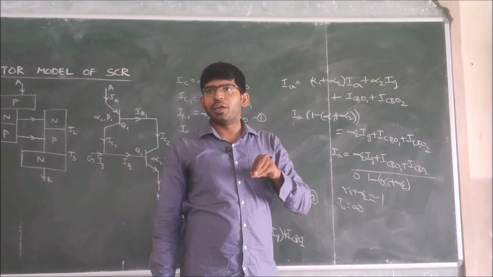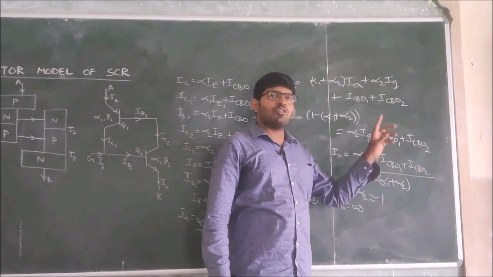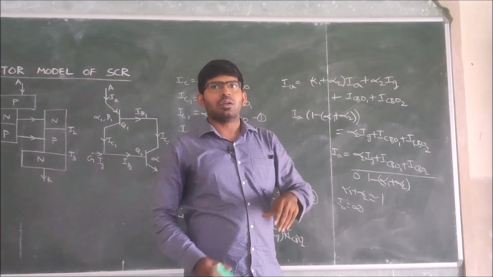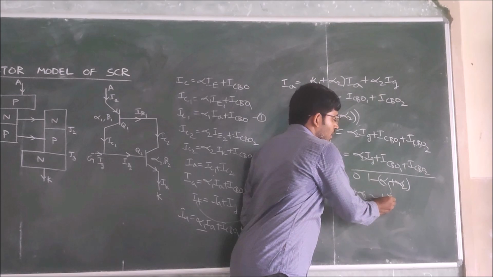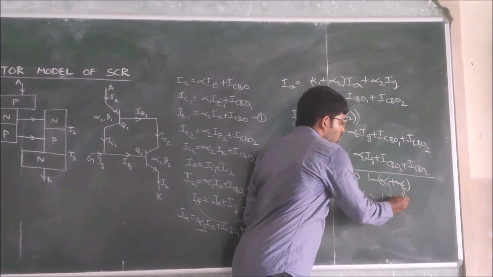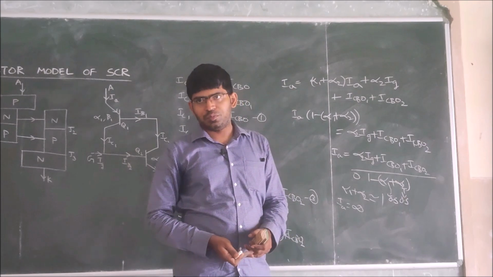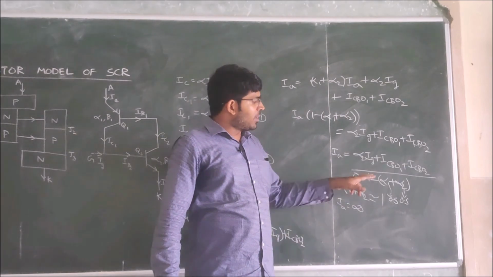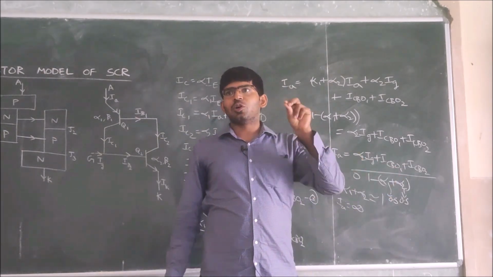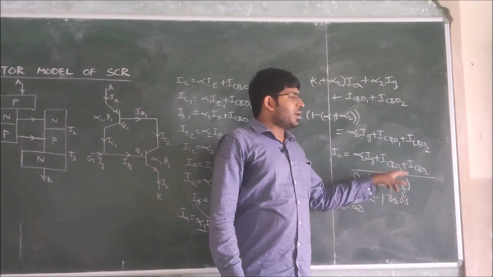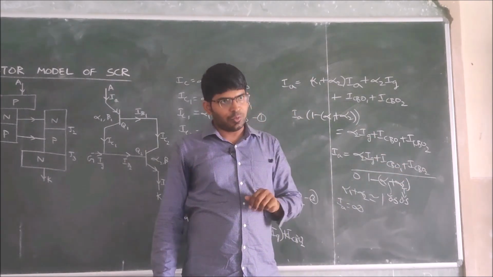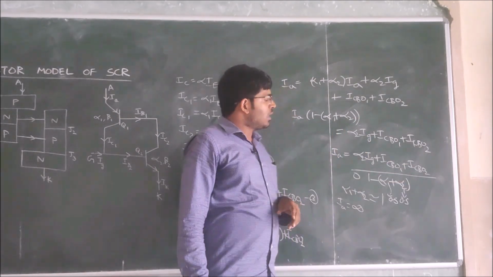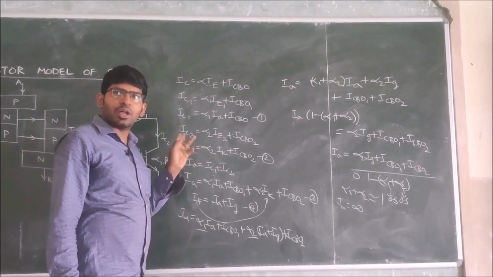So we make sure that the alpha 1 and alpha 2 values add up to nearly 1. So we maintain alpha 1 less than 0.5 and alpha 2 less than 0.5. Generally alpha ranges from 0 to 1, but we maintain alpha 1 nearly 0.5 and alpha 2 nearly 0.5, such that these two transistors will make the SCR turn on.